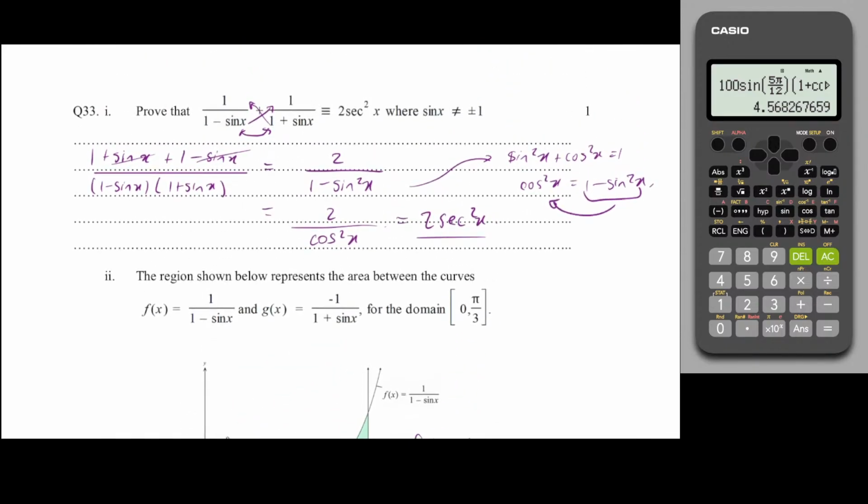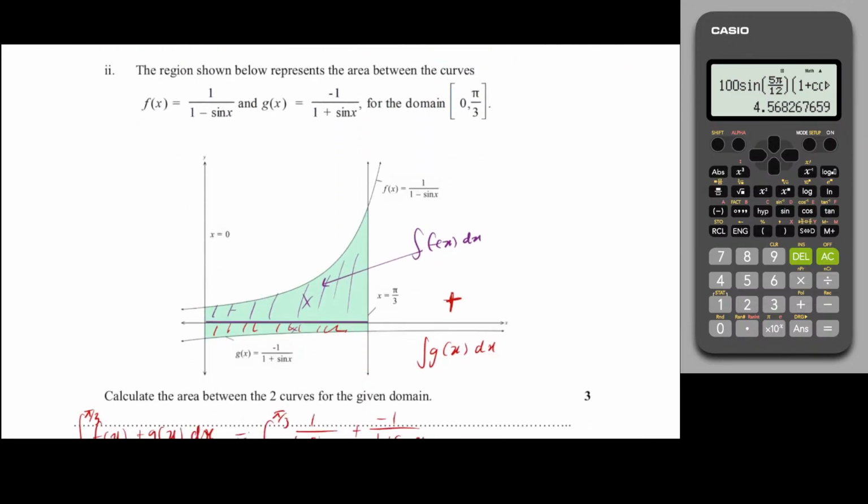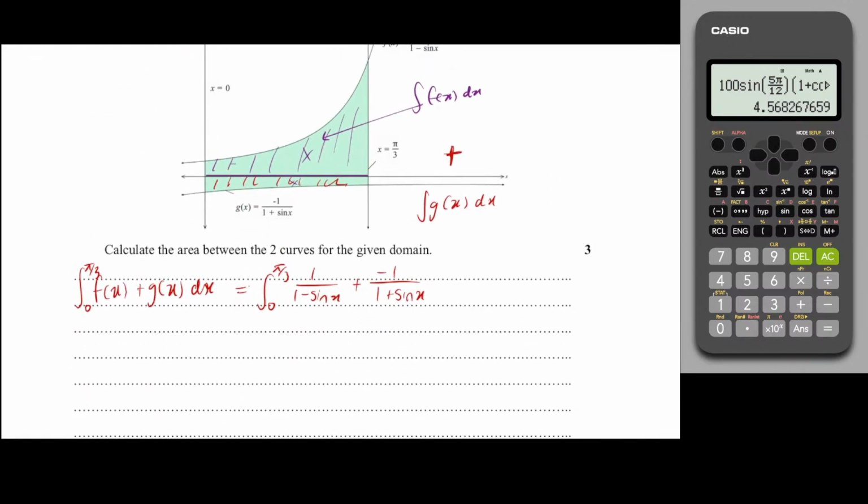And I think, no, it's a negative. Okay, I'm going to do it this way. Plus the integral from 0 to pi on 3 of g of x dx. So 0 to pi on 3.